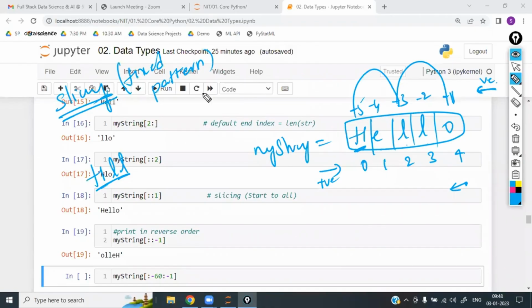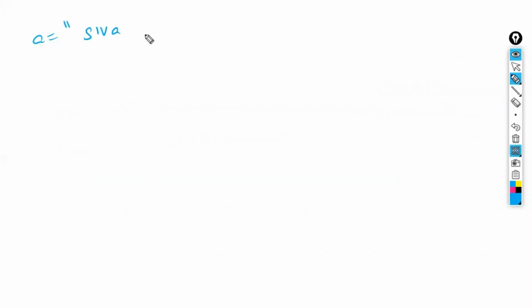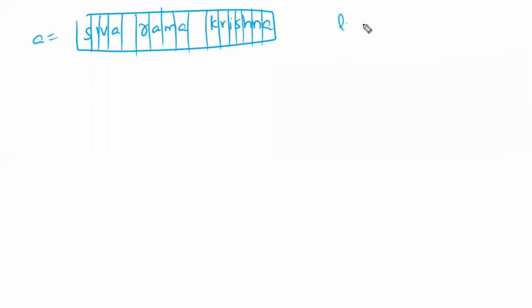For example, let us take a string like this. String A is equal to Shiva space Rama space Krishna. The total length is 17 characters, including 2 spaces.